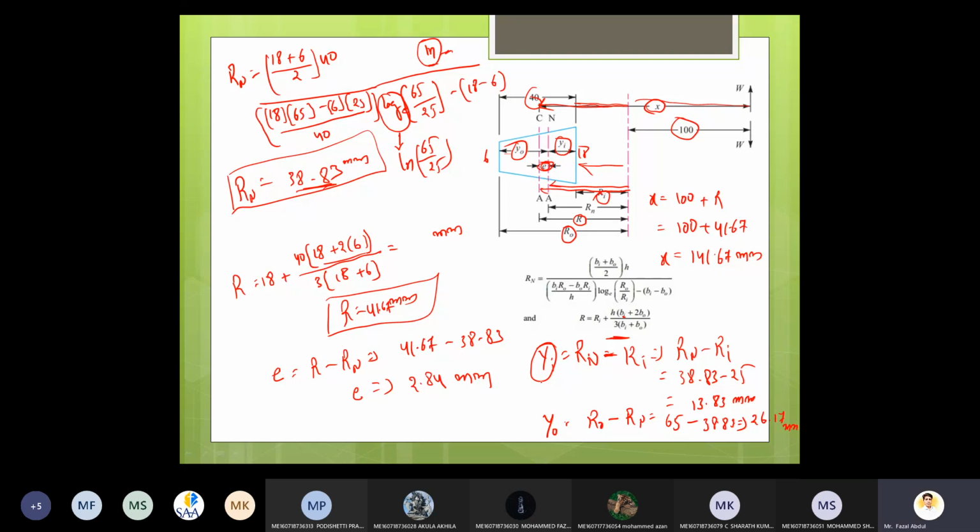Right? And any other parameter is there? Y naught we calculated, yi calculated, r, rn, r naught, ri, x value, everything is calculated. And load question itself given.